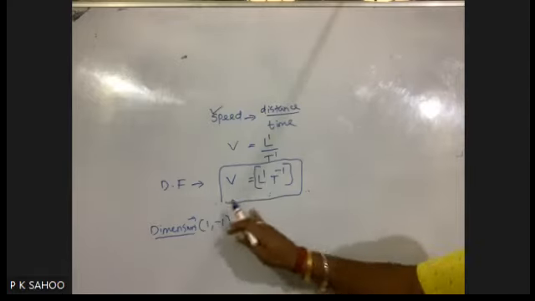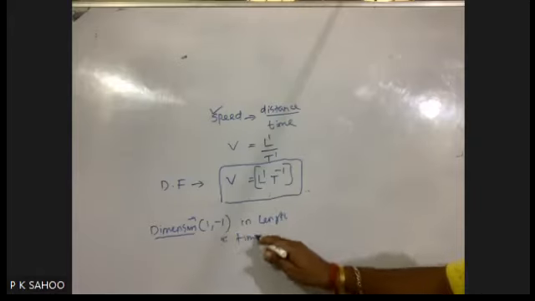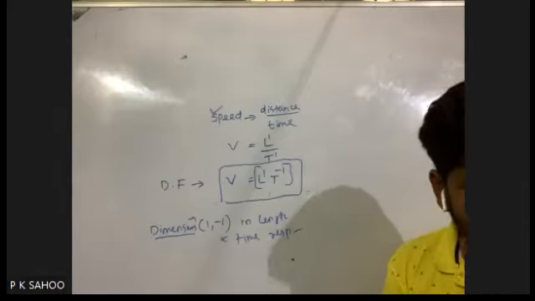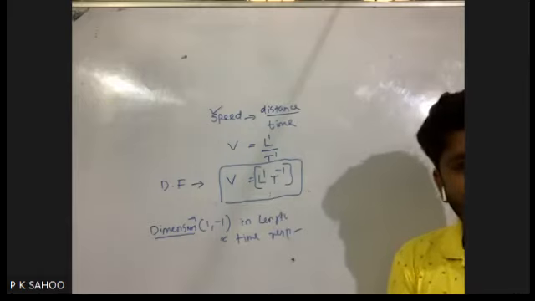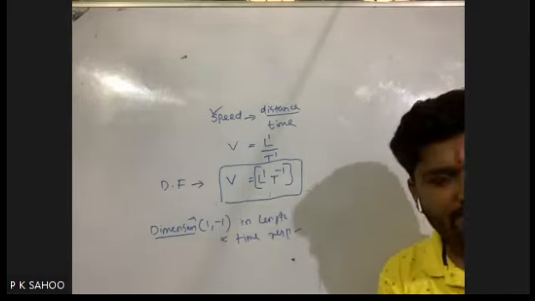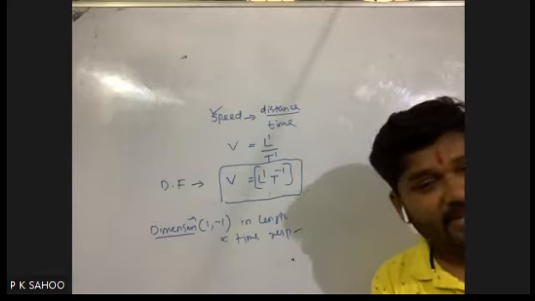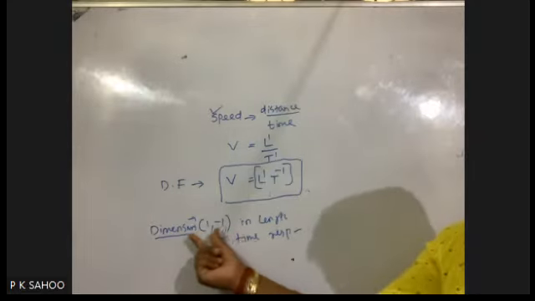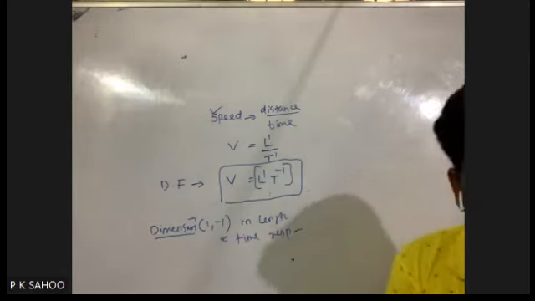We'll write 1 and minus 1 in length and time respectively. Why respectively? Because there are 7 fundamental quantities, so whichever fundamental quantity we have used, we have to mention properly. 1 and minus 1 in length and time respectively. So these are called dimensions.